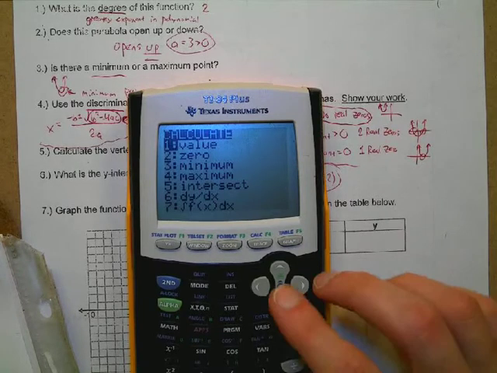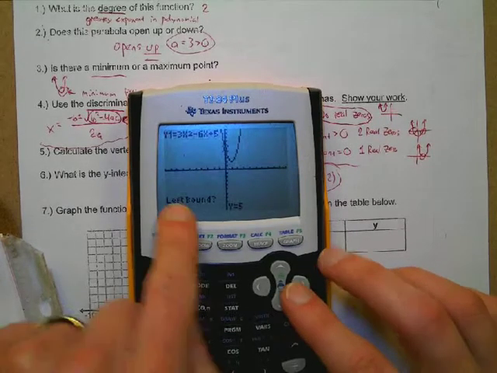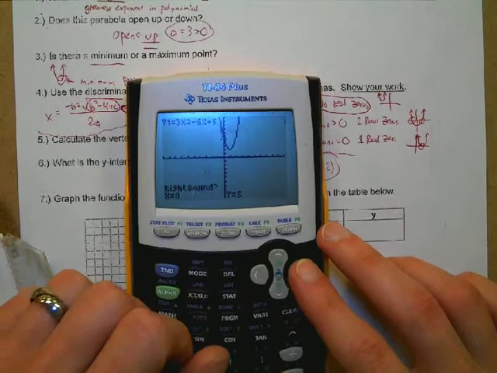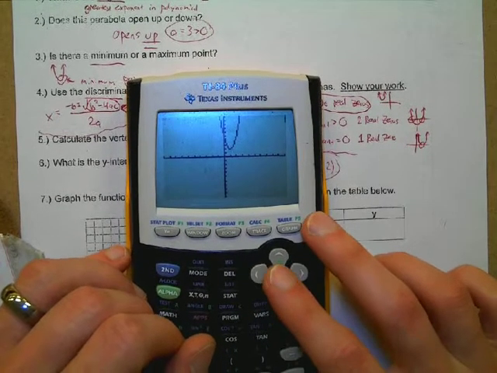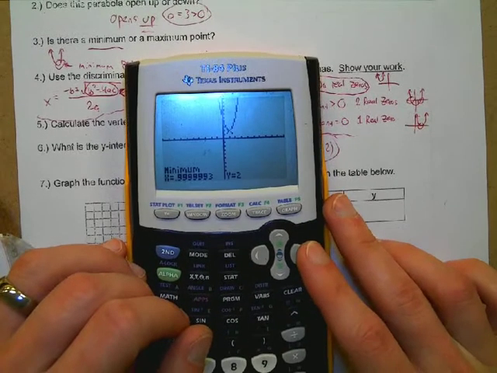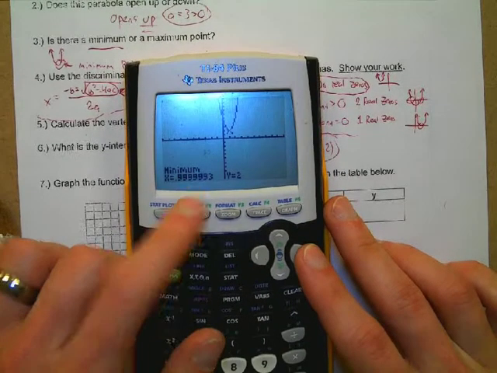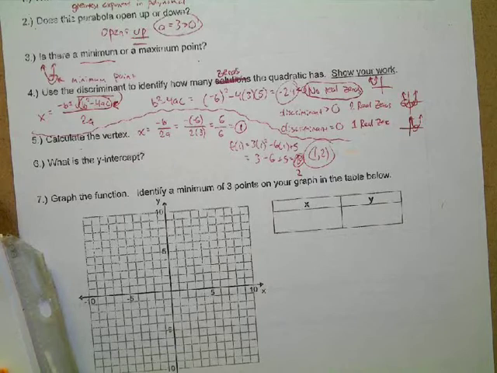Minimum. Yeah, because it's the minimum of our graph. So make sure you're to the left of your vertex, hit enter, and then arrow over to the right of your vertex, hit enter, and then go down to the bottom and hit enter. And there's your minimum. 1, 2, right? That 0.999, we're just going to round that to 1 because it's just an error on our calculator. Part 1, 2, and there it is.